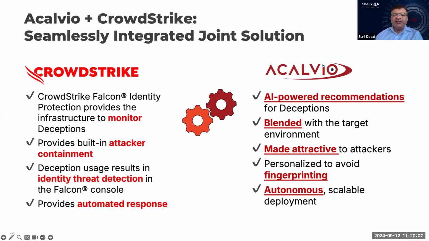We also make these deceptions attractive to the attacker, to influence the attacker to go towards the deceptions instead of targeting the real accounts. And then we can personalize these to avoid attacker fingerprinting, and we do an autonomous and scalable deployment. So that way we can deploy this at scale across multiple endpoints and a large number of domains.